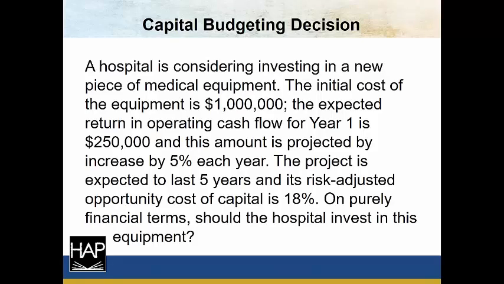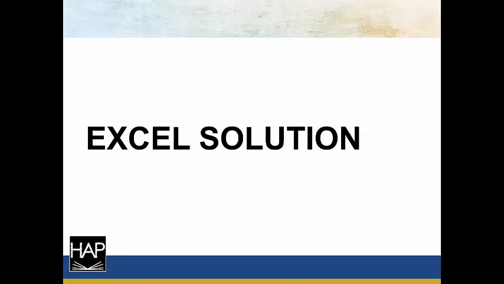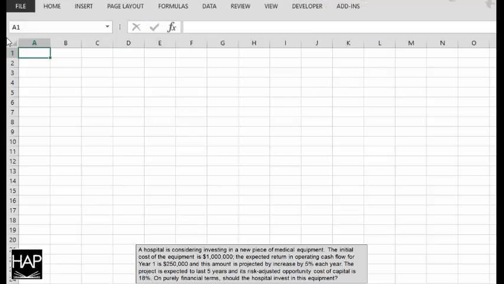I'm going to solve this problem using Excel today. In order to figure out whether or not this new piece of medical equipment is a good idea, I'm going to begin by putting the information that was given in the question in a timeline.